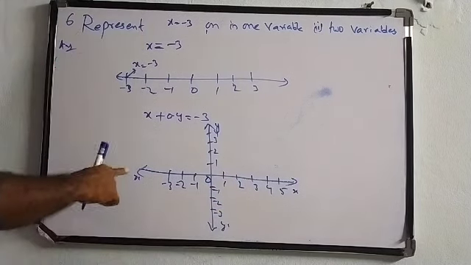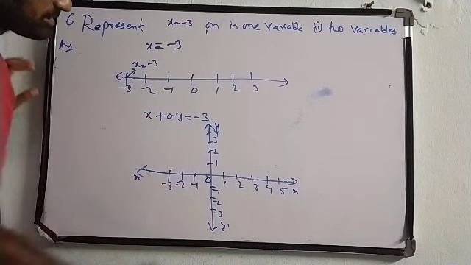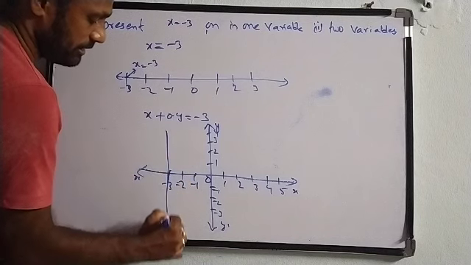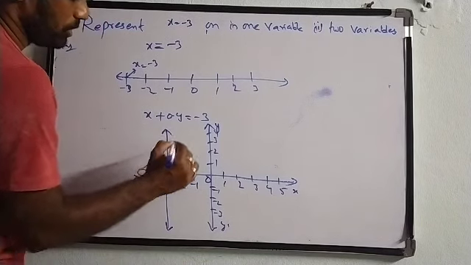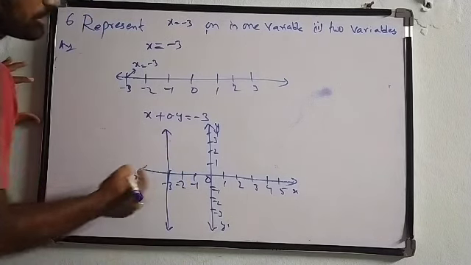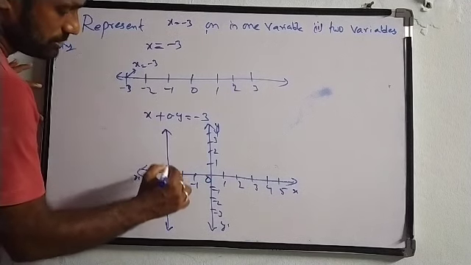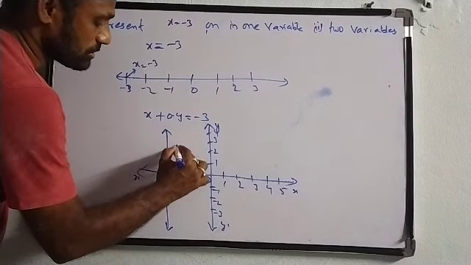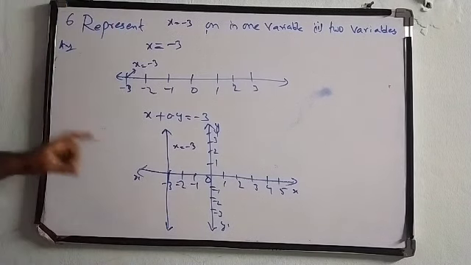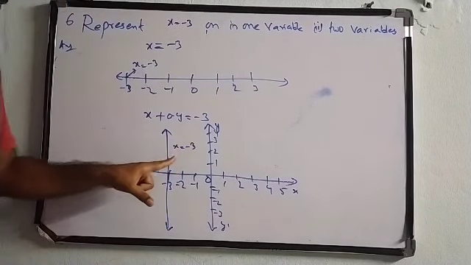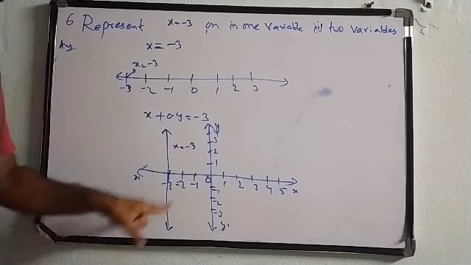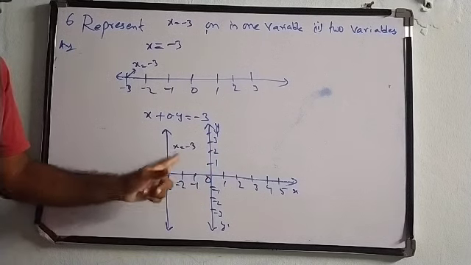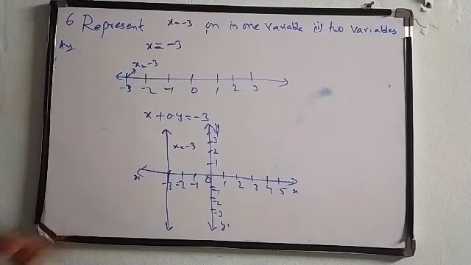Now we have x = -3, so x = -3 is here. Any point on this line will be the solution of the given equation. So this is x = -3. Here x equals any number, it should be parallel to the y-axis. So x = a, that line will be parallel to the y-axis.